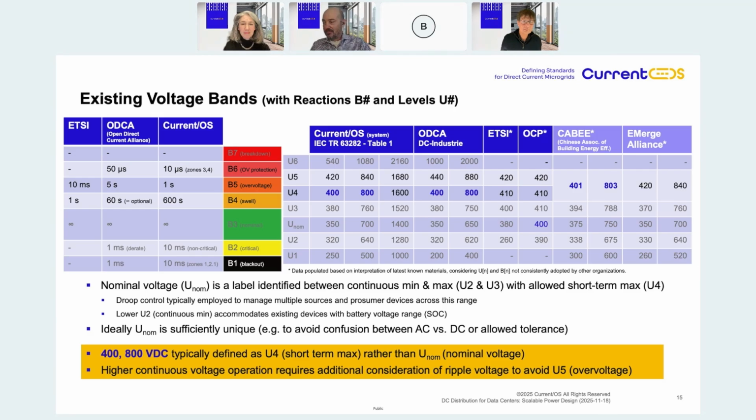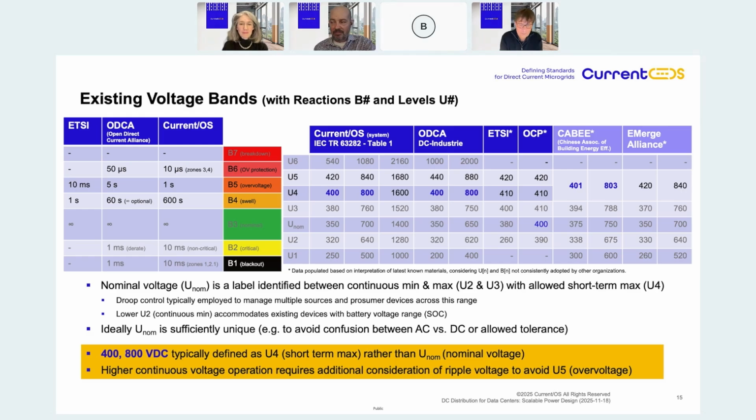And the important thing here is that the current OS band, which was set up with a nominal, you see this UNOM, the third line up, as 700 volts, is in general sharing a lot of characteristics similar to the other regions shown.